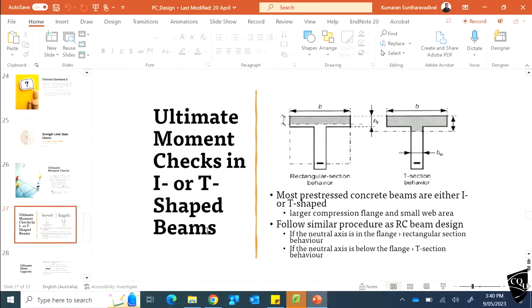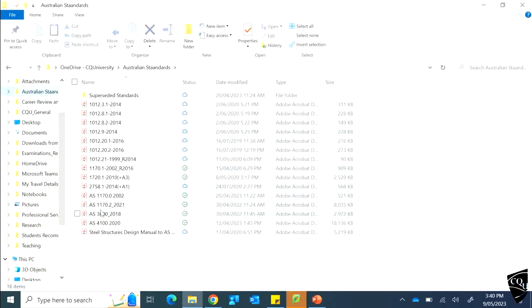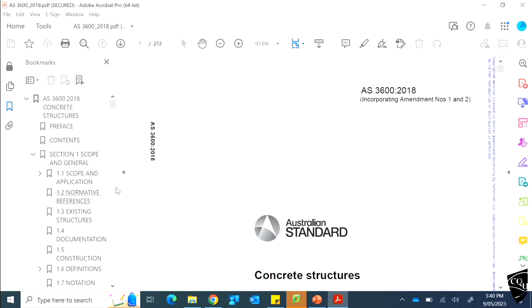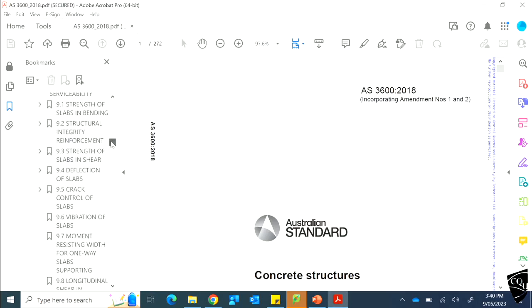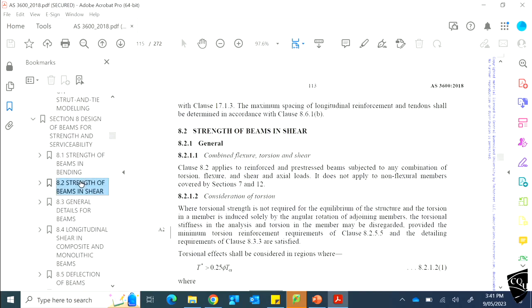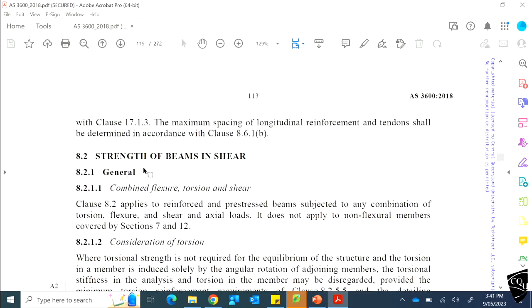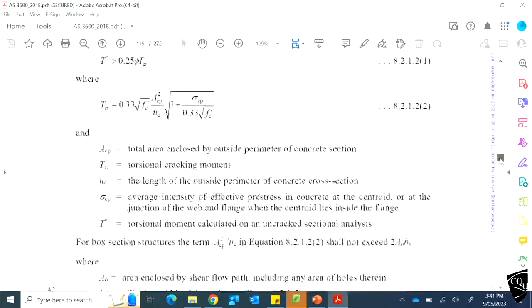If you look at this, AS3600, this is the shear stress section.